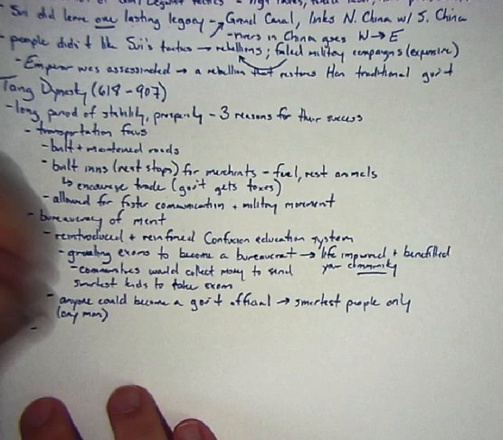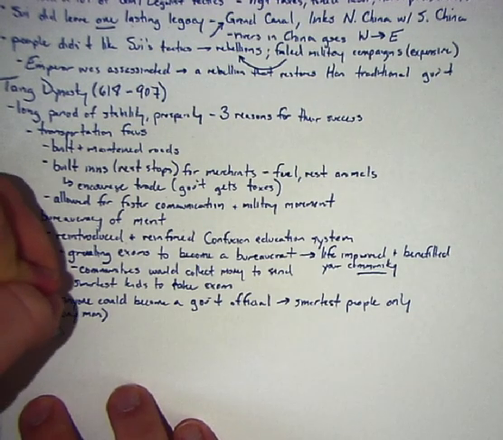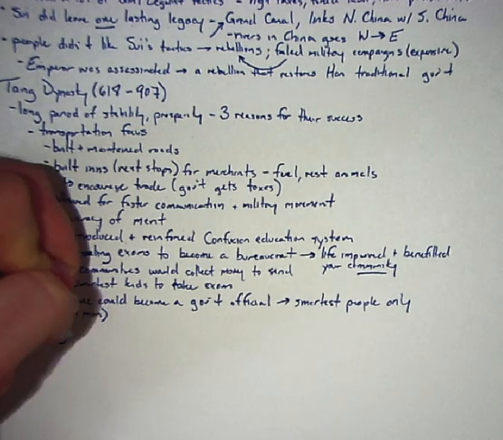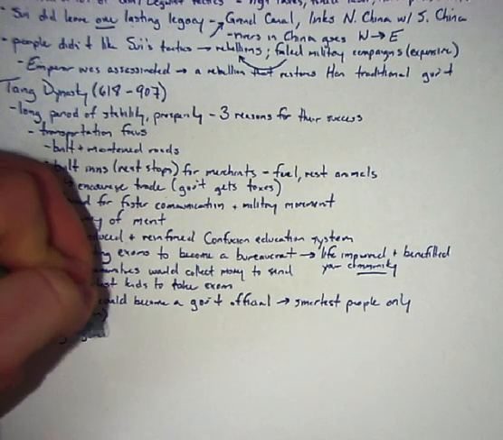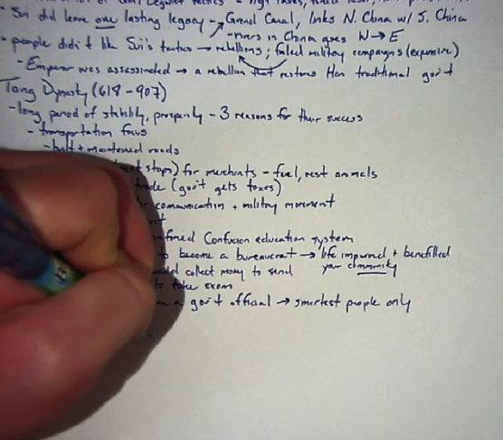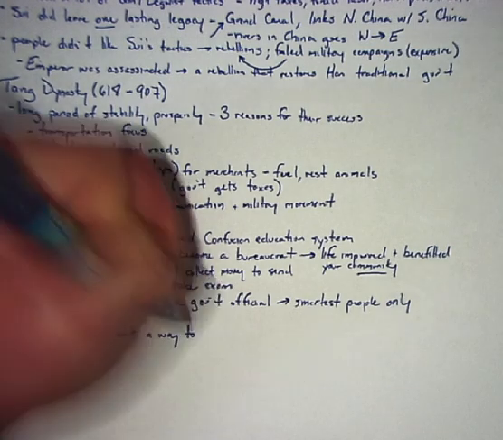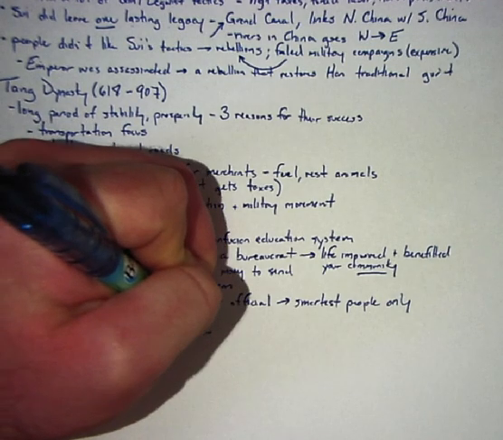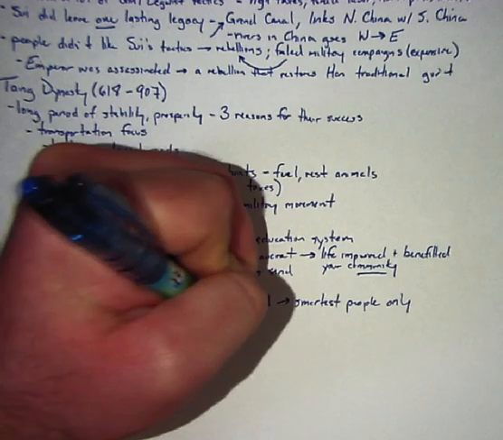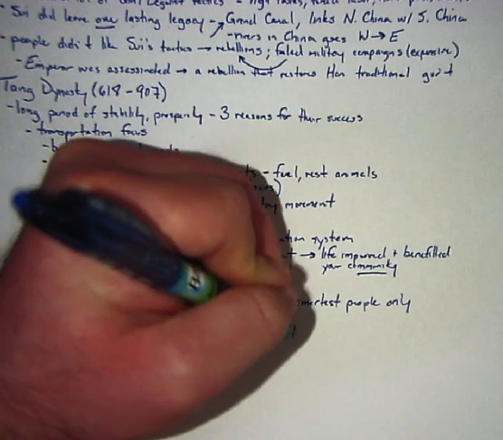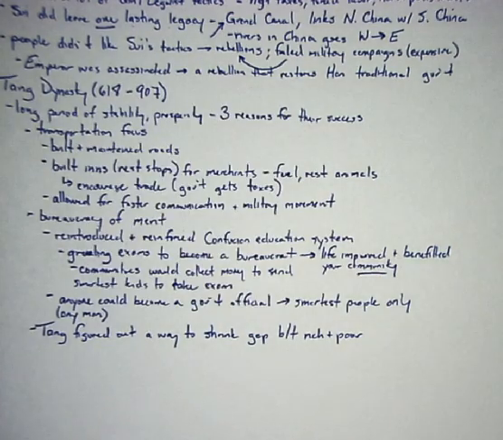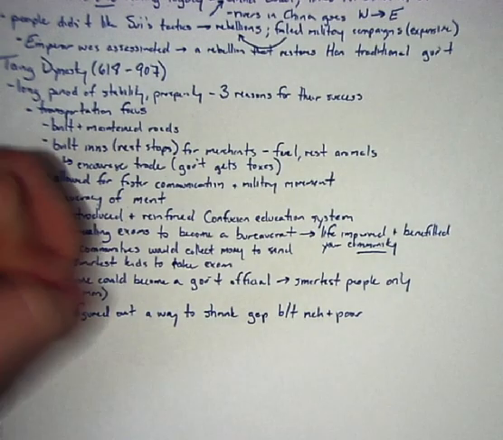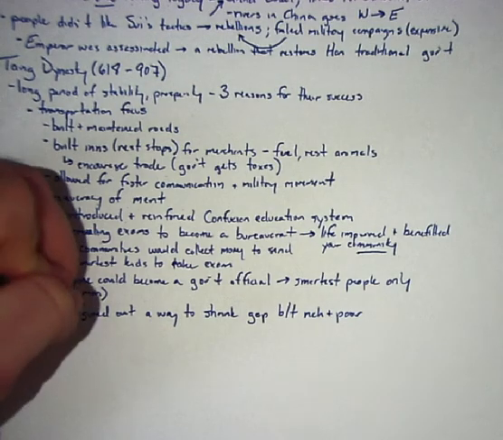So the Tang figured out a way, not maybe the best way, but they figured out a way to kind of shrink the gap between rich and poor. And the way they did that was through land distribution.